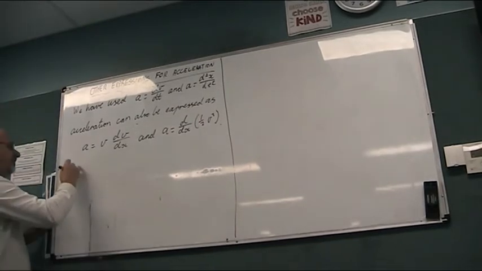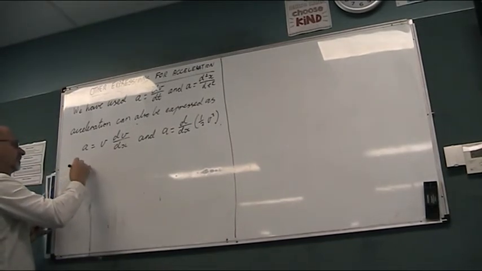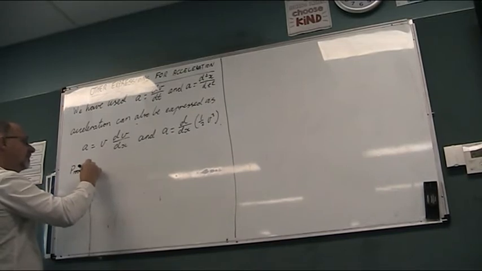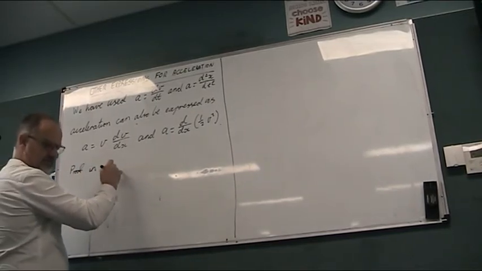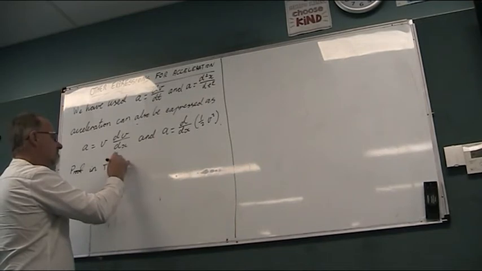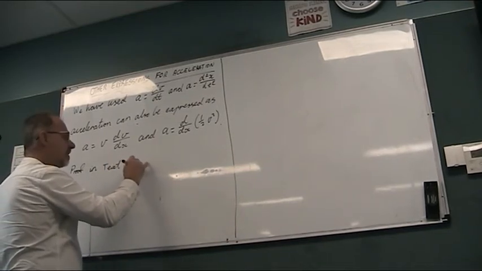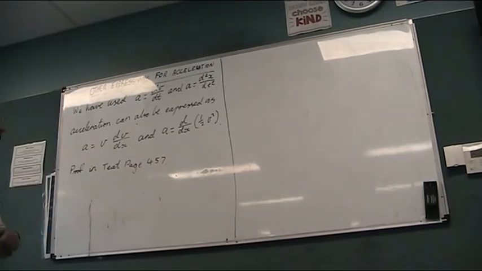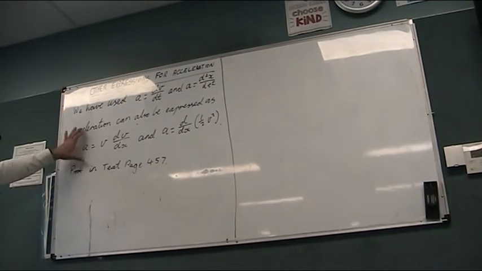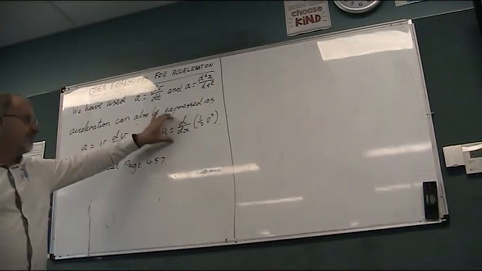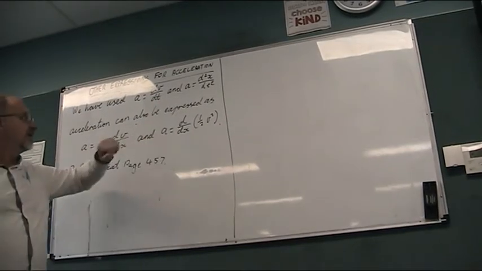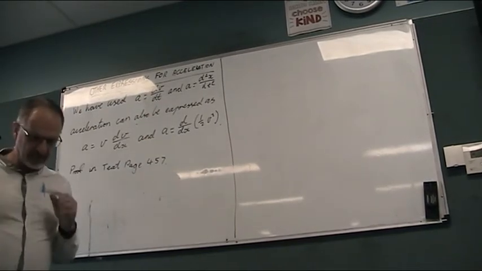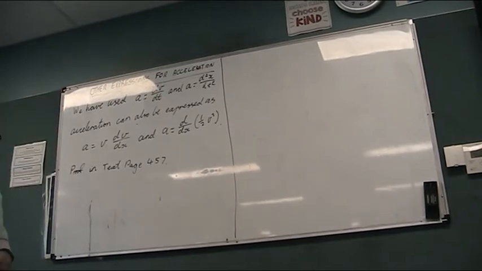The proof of these is in your textbook, page 457, if you are interested in how we can derive these from those. So there's four different things there.